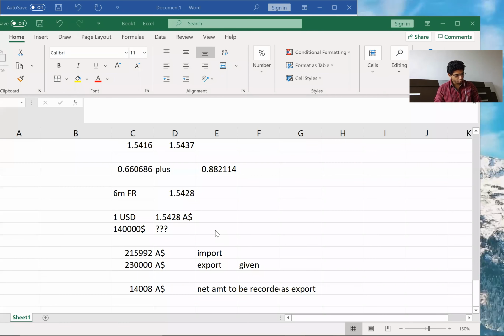Anyone has any doubt, simple doubt, silly doubt, calculation doubt, ask me. I can explain it once again, no problem.